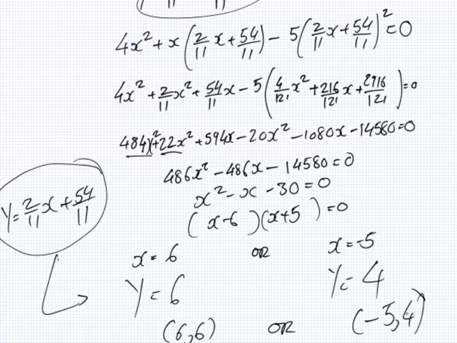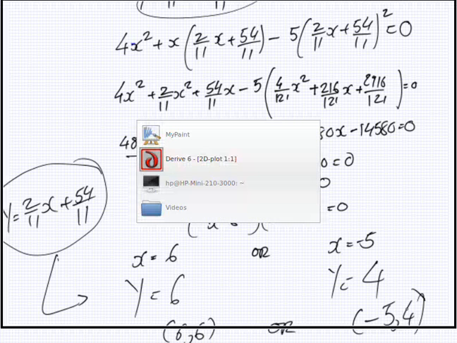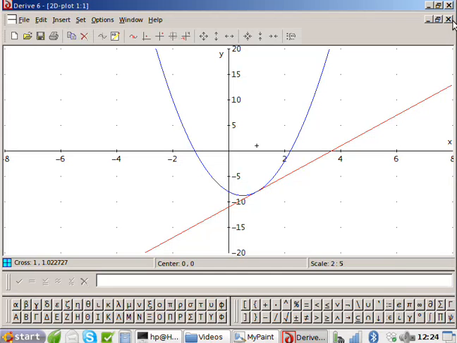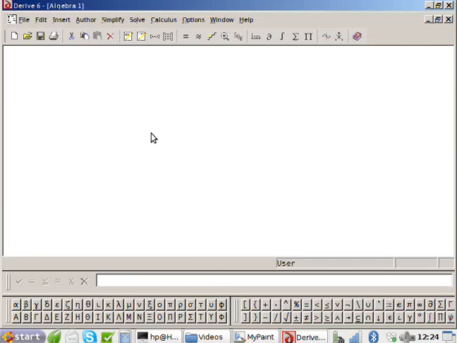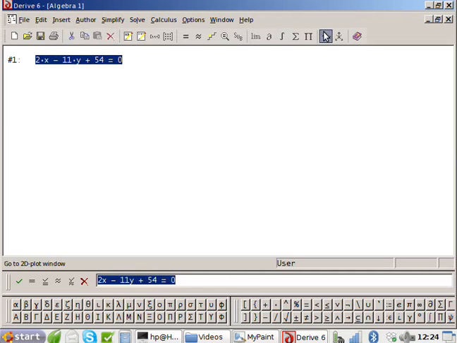Now when I multiply by 121 here, they all cancel. But I still need to multiply them by 5. So I get minus 20x squared, minus 1080x. I'm not even going to try 2916 times 5. 14,580. Yeah, equals 0.